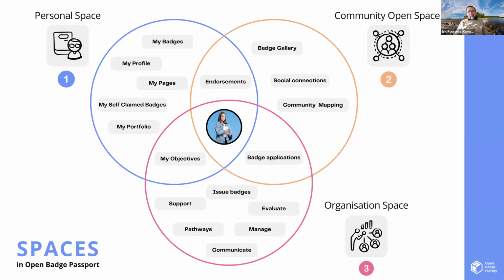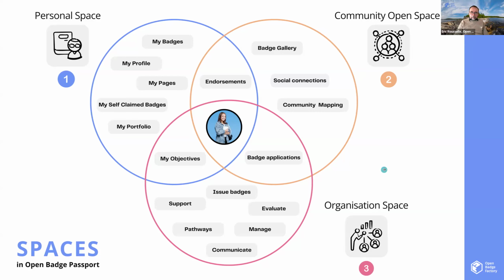So that's the new dimension here, the third dimension. But as you see, these three dimensions are all articulated around the learner. The basic philosophy in Open Badge Passport is that everything is centered around the learner.